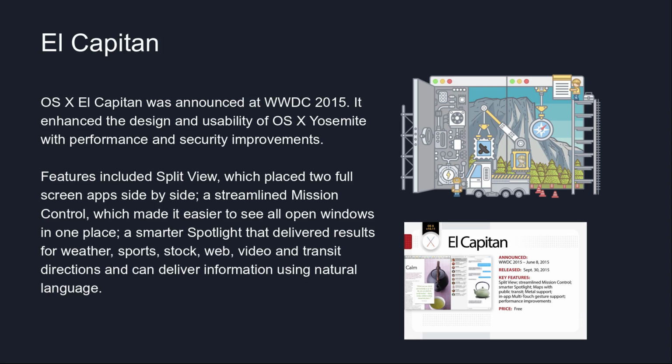Along with this, a new font called San Francisco, used on iOS devices running iOS 9 and Apple Watches also running watchOS, also replaced Helvetica Neue that debuted in Yosemite.